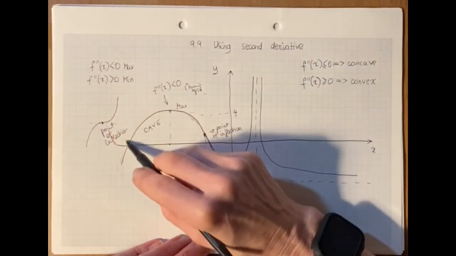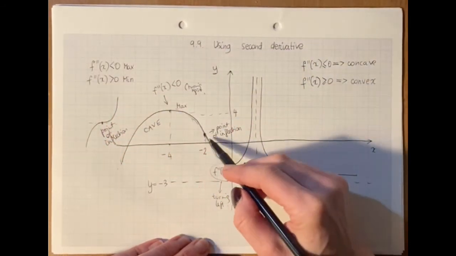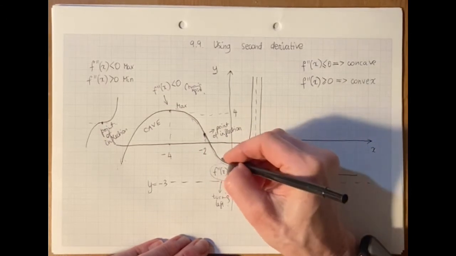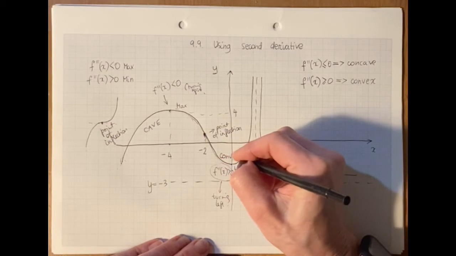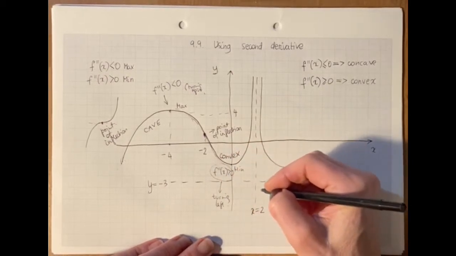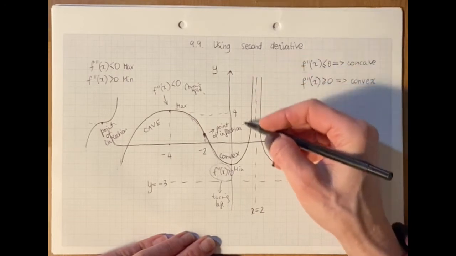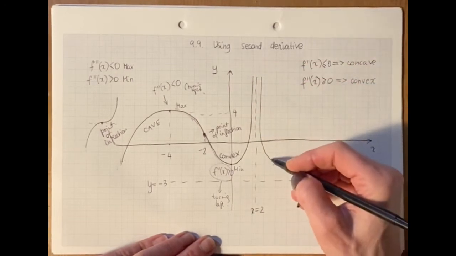Now like this one here, you can imagine as a cave. This is the other one. It's not a cave. It's called a convex curve. And it carries on all the way through, trying to get closer and closer to this asymptote.